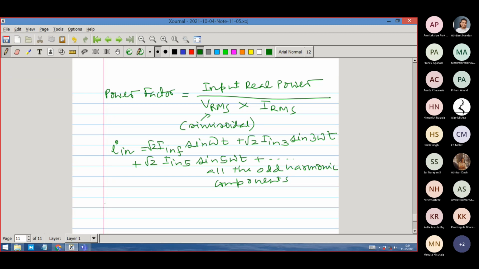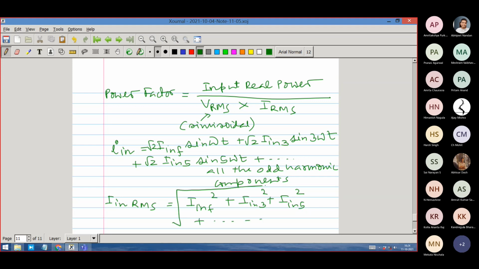So what is the RMS value of this? What is the RMS value of I in RMS? You already know that it will be the square root of all component RMSs squared: I in F square plus I in 3 square plus I in 5 square, these are all individual RMSs, plus dot dot dot.